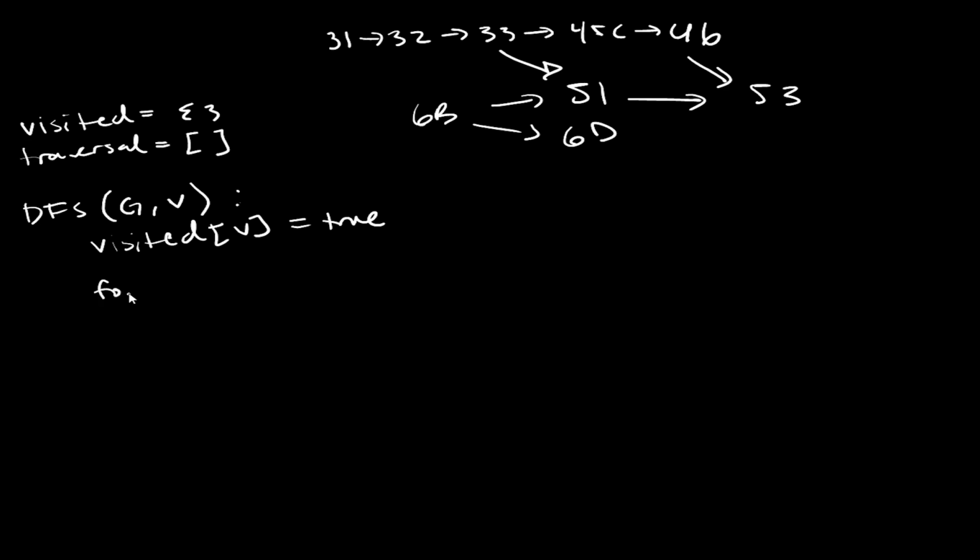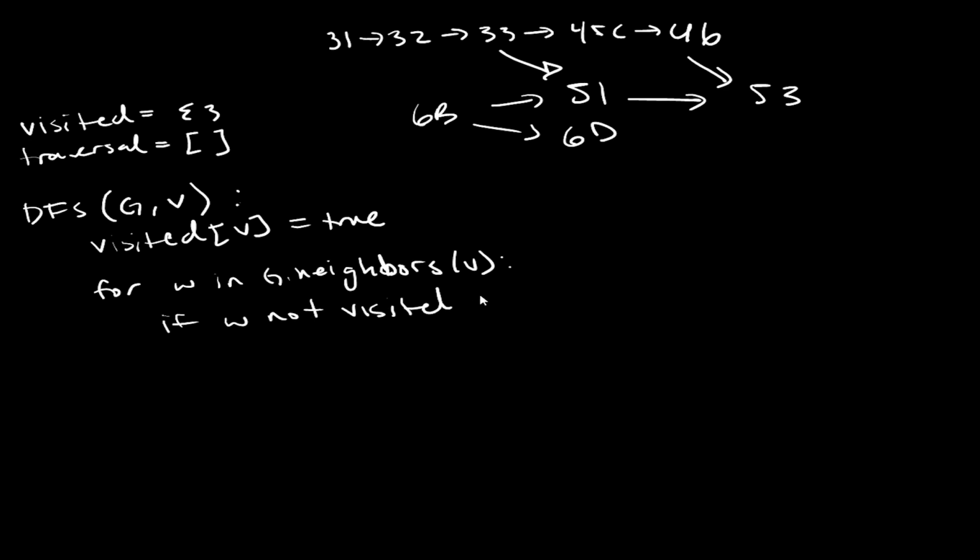Then remember we did this in class: for W in G neighbors of V, if W not visited, so this prevents the cycles, then we want to DFS(G, W).